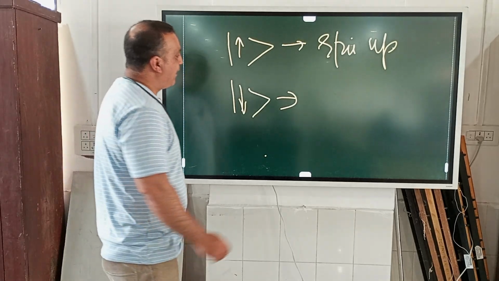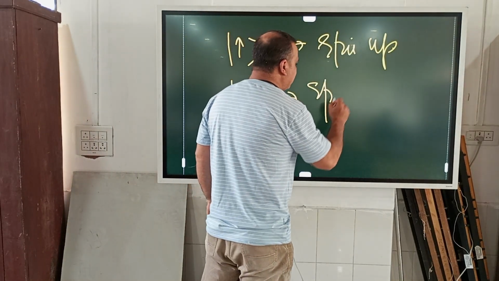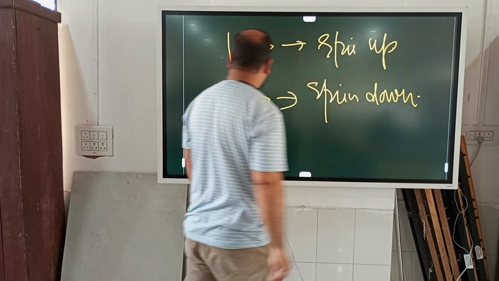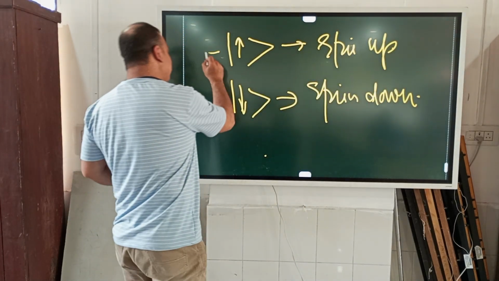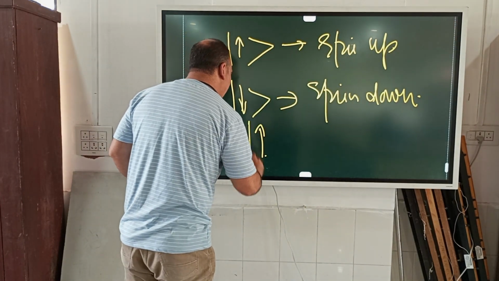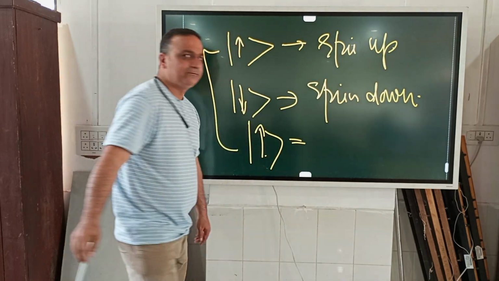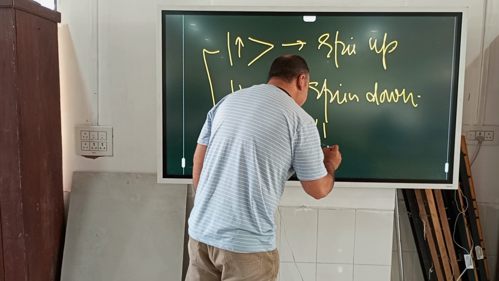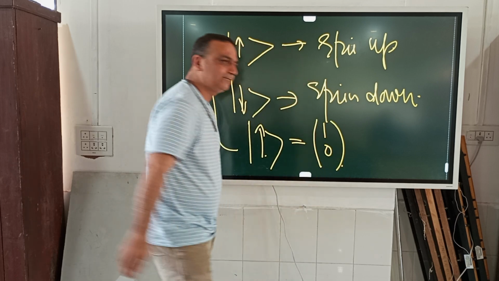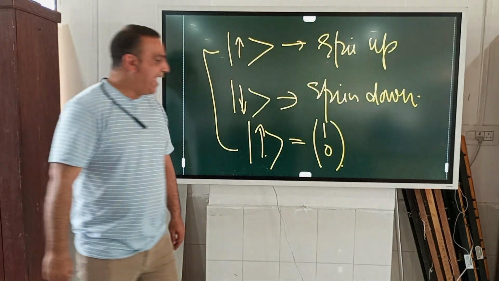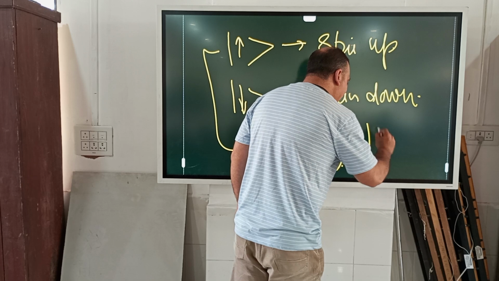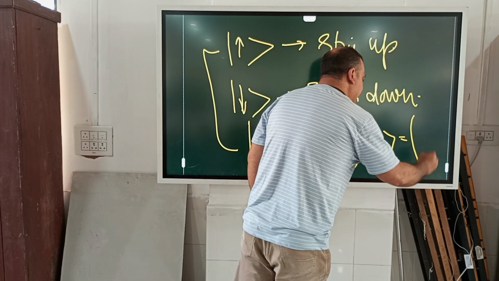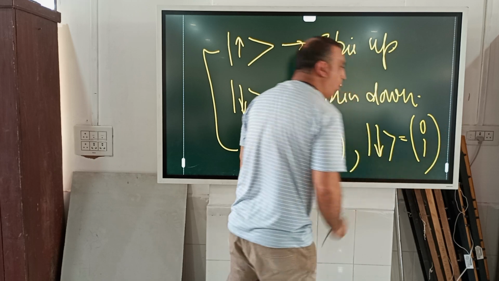So I choose this as spin up. This state, spin up, is a column matrix, 1 and 0. And spin down is a column matrix, 0 and 1.